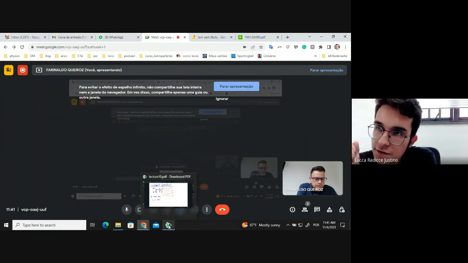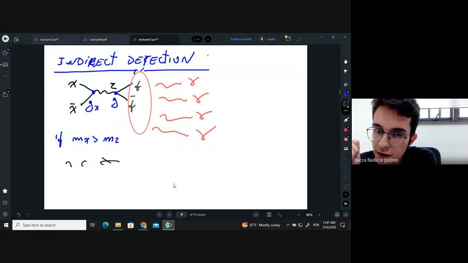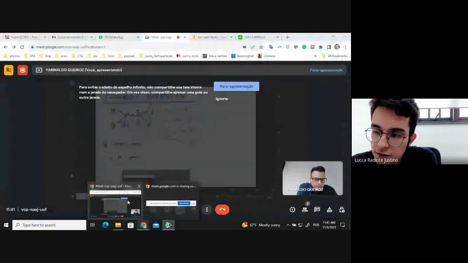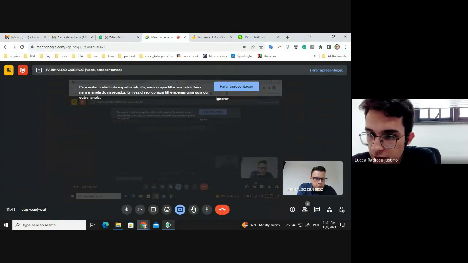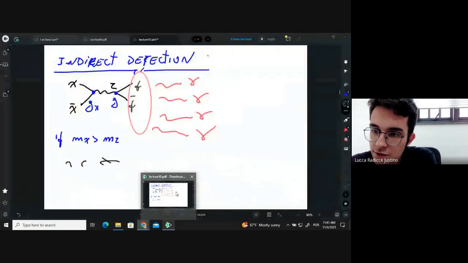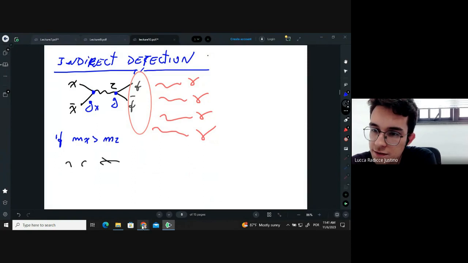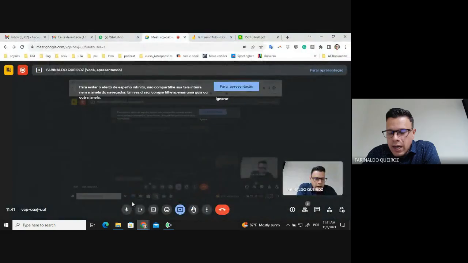But in fact, what you have to do is use the branching ratios that you can get from a model, so the limits will be different. I think it's important, and it's hard to find papers that do that.